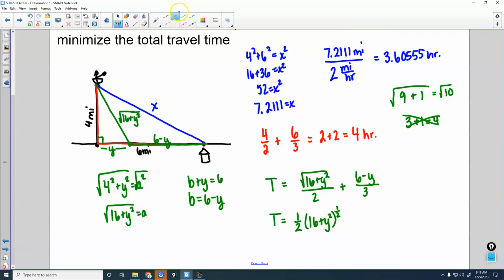And if I could also distribute so that I don't end up with a fraction there, that would just be plus 2 minus 1/3 y. All right, questions?